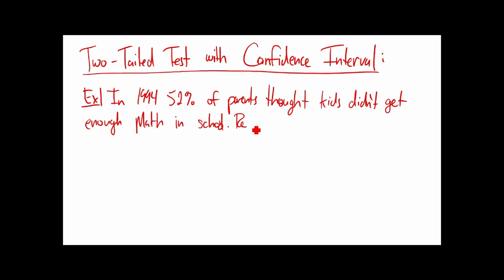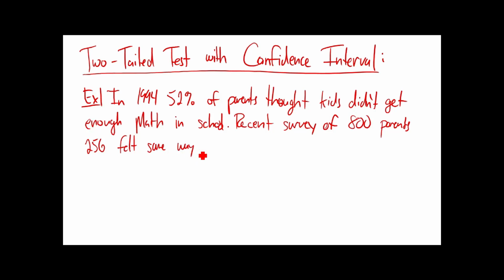So they decided to see if attitudes have changed. In a recent survey of 800 parents, 256 felt the same way. So my question is, at the, say, 0.05 level, is there evidence that opinions have changed?